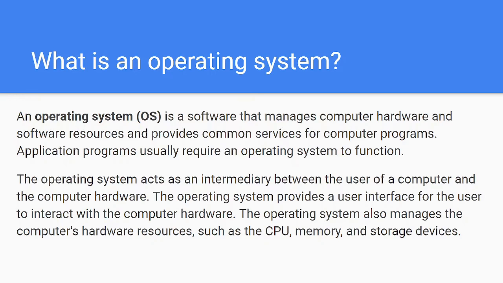So if, for example, you pick up your laptop, you want to use your web browser, right? For you to be able to click on your web browser and browse what you want to browse, we need an operating system. So the operating system provides a user interface for the user to interact with the computer hardware. Exactly. You need that interface to interact. The interface can either be a GUI or a CLI. We'll dive deeper into that.